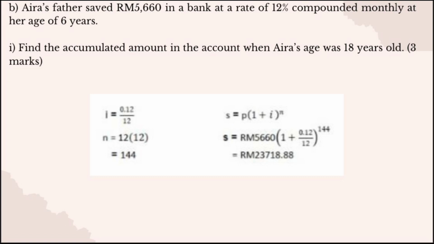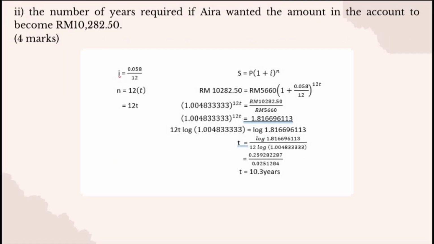So calculate this equation in calculator and the accumulated amount when Ira turns 18 years old is 23,718.88.